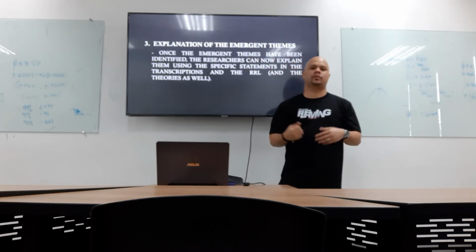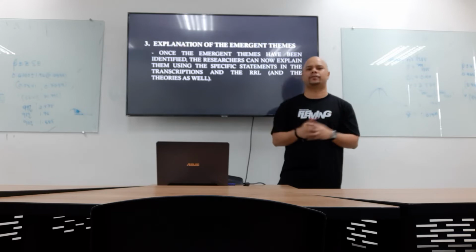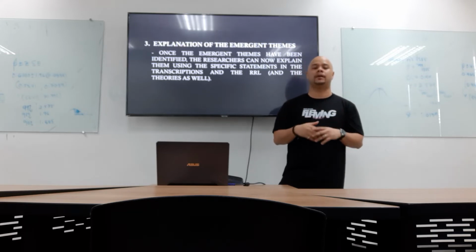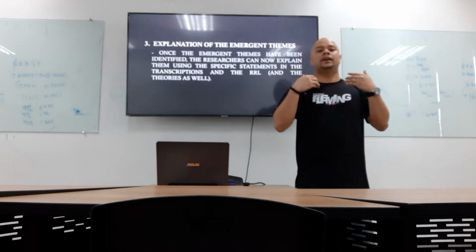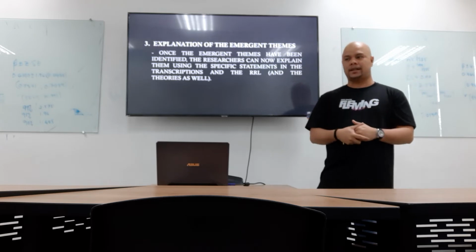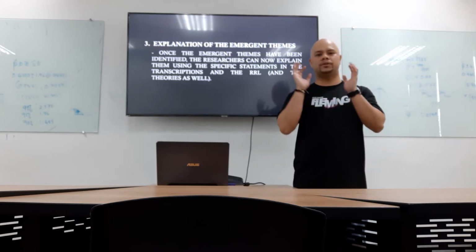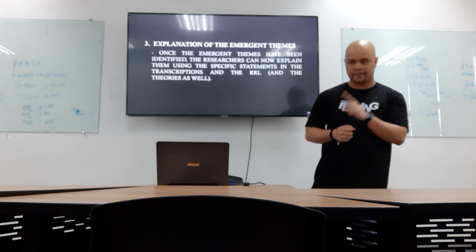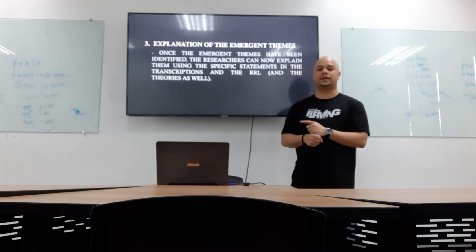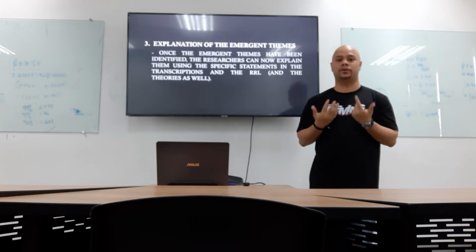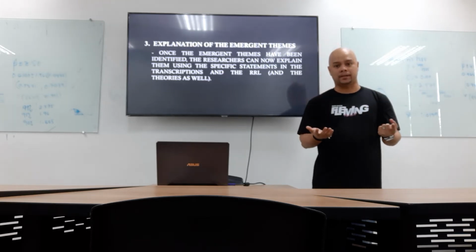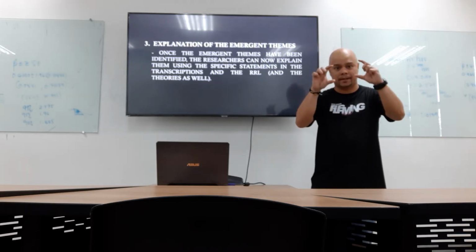Next step, once we have identified and formulated an emergent theme, we are now going to start explaining and discussing that emergent theme. How do we do that? We use three things. First, you are going to use the statements of your interview participants, the specific statements.